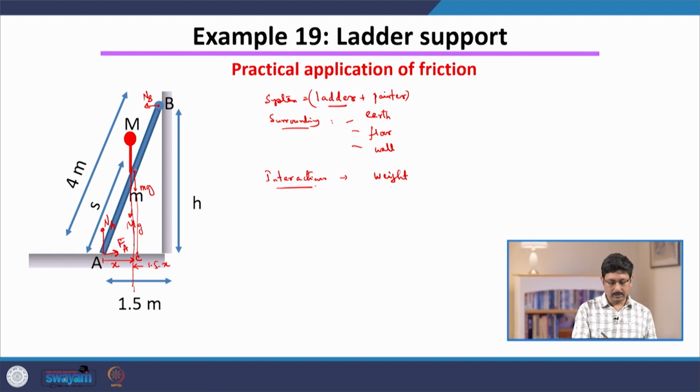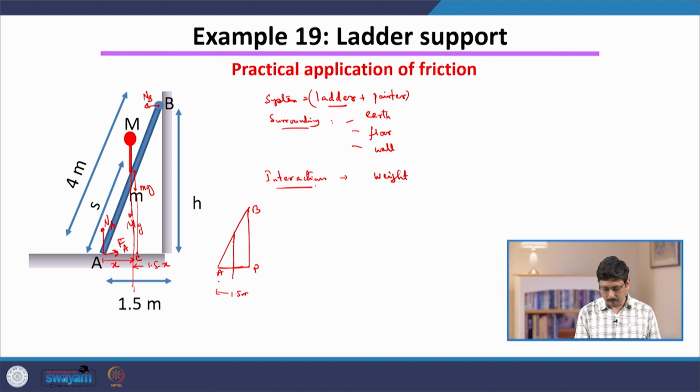So, what is the line of action of the weight of the ladder? By symmetry we can assume that this center of mass is at the midpoint of the ladder. If I draw this picture clearly, this is 1.5 meter, this is the ladder, then this is the midpoint, and by geometry it intersects the floor at the midpoint between A and B, let us call that P. So, AP is 1.5 meter.